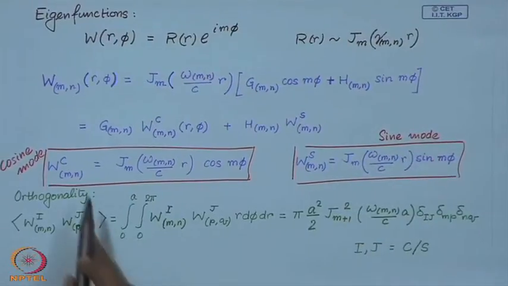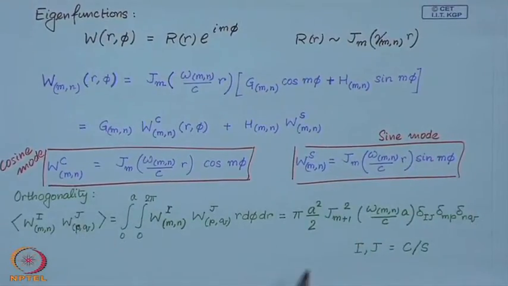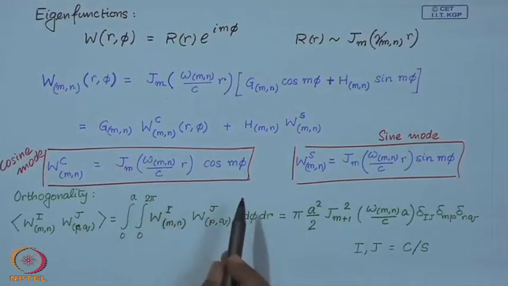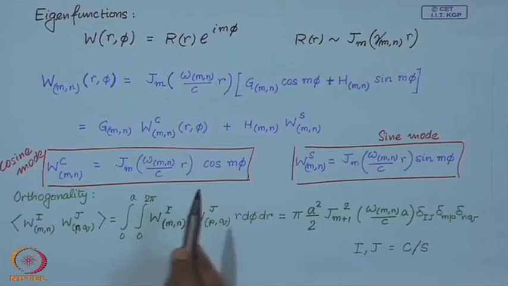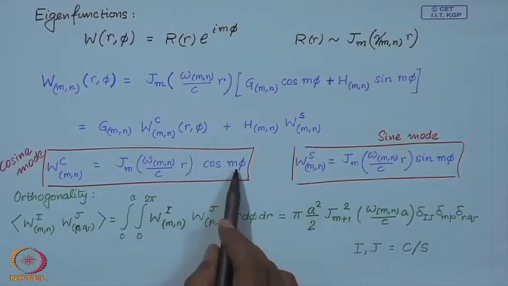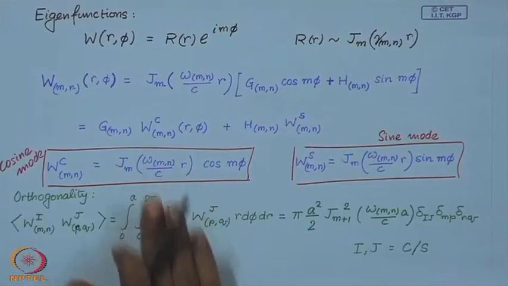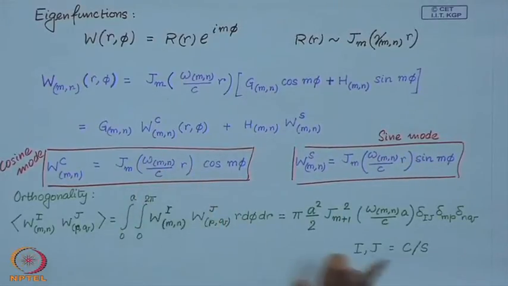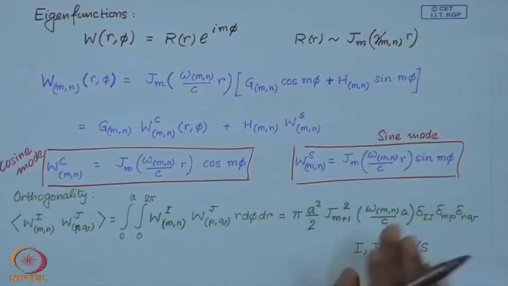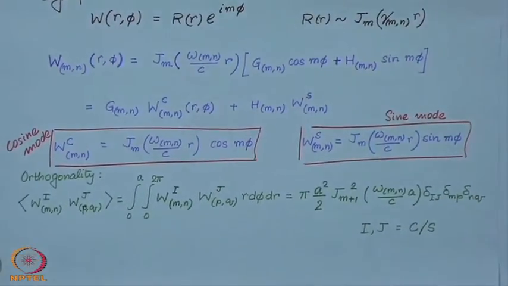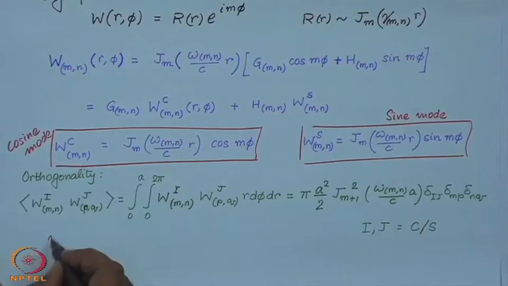So we have two orthogonal modes corresponding to a single eigenfrequency omega m n, and this happens only when m is not equal to 0. If m is equal to 0, then you have only this mode; you do not have the sine mode.